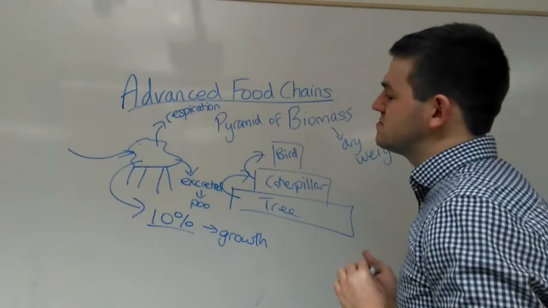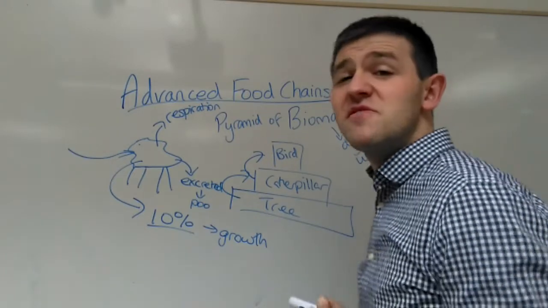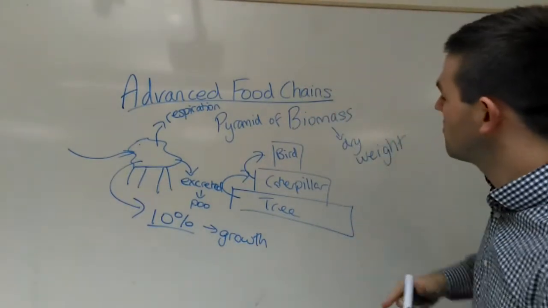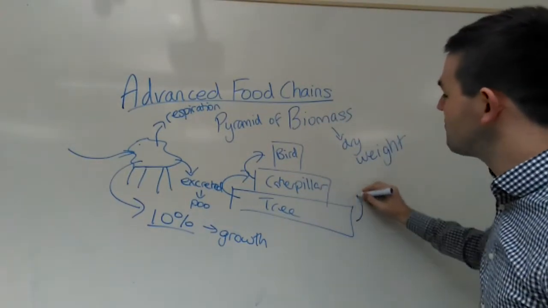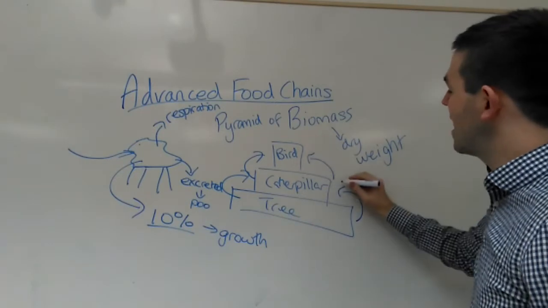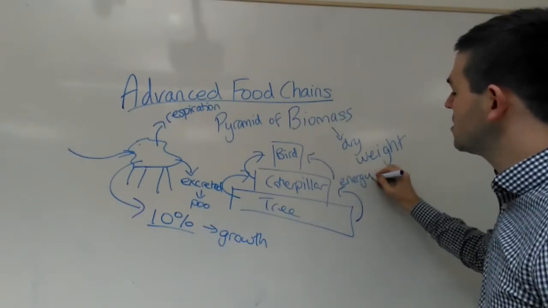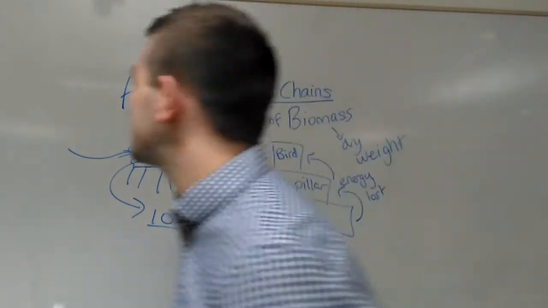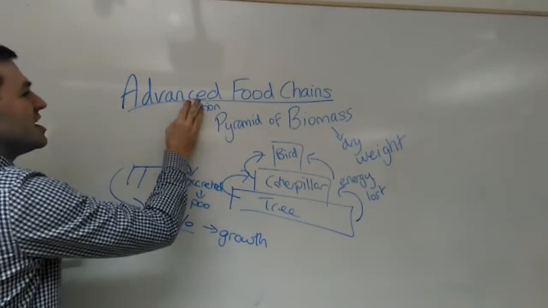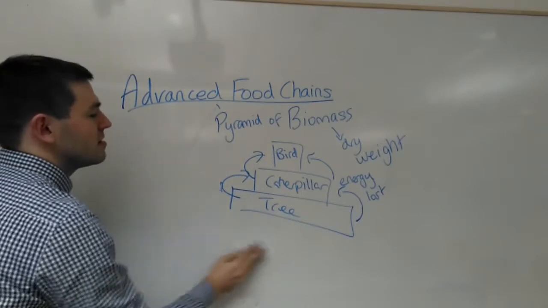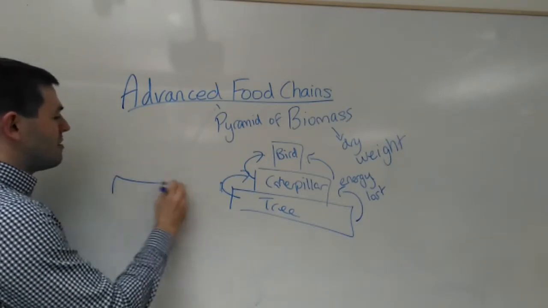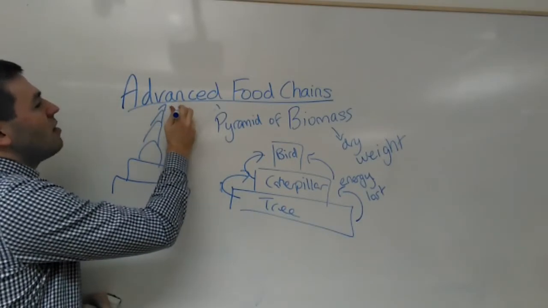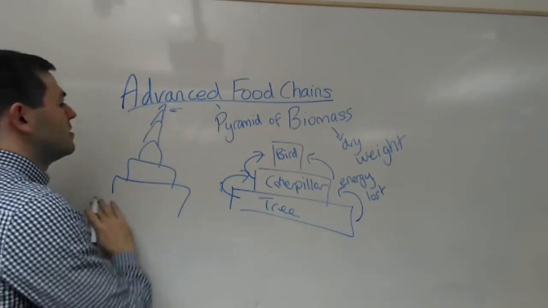So it's not good enough. We can't have it going up perfectly all the time. Every step here, there is energy lost. Every step has different amounts of energy lost from my pyramid. And that means the pyramids can't go forever because they get smaller and smaller at the top.